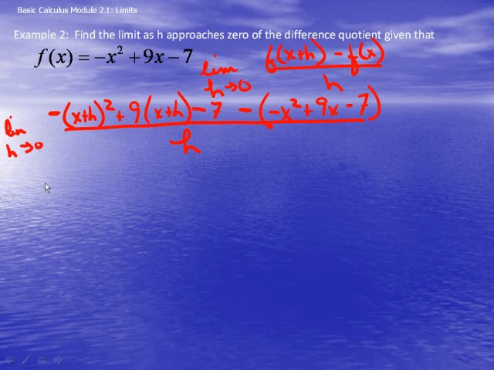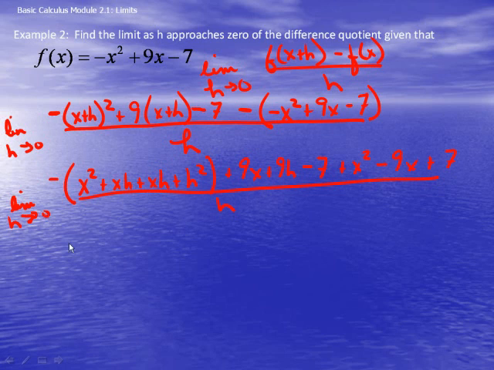So that's going to be minus x squared plus xh plus xh plus h squared plus 9x plus 9h minus the 7 plus x squared minus 9x plus 7 all over h. And we're going to take this as a limit as h approaches 0.